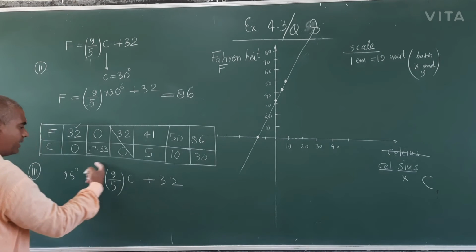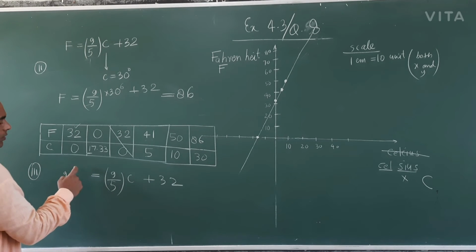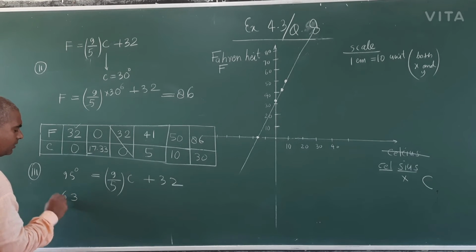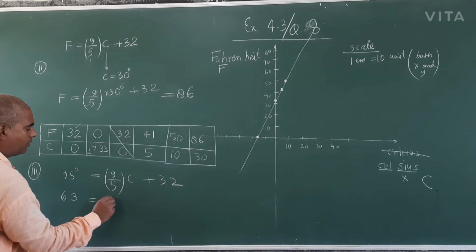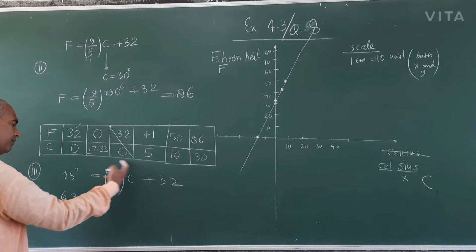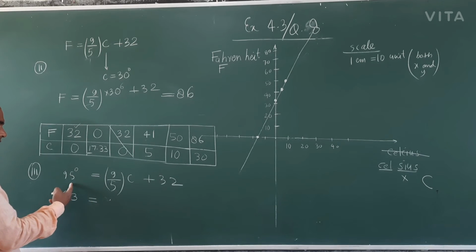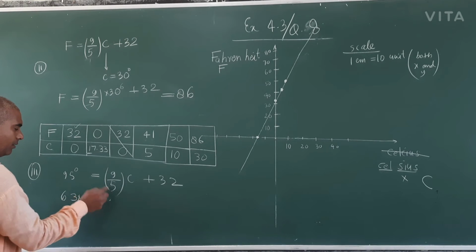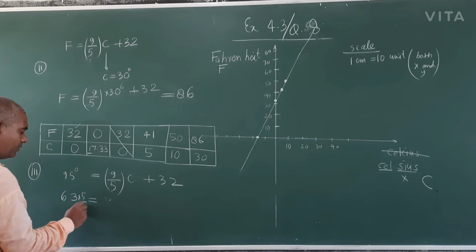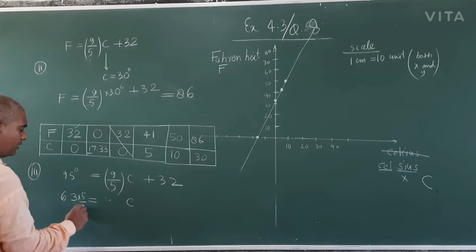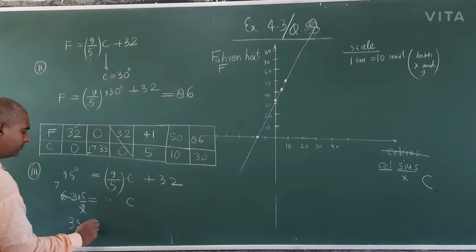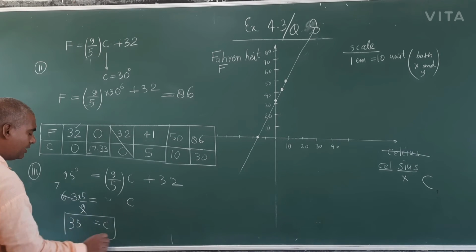So 95 minus 32 first: 5 minus 2 is 3, 9 minus 3 is 6, so 63 is equal to 9/5 C. Then 5/9 times 63 is equal to C. 9 sevens are 63, and 7 fives are 35. You are getting C is equal to 35.